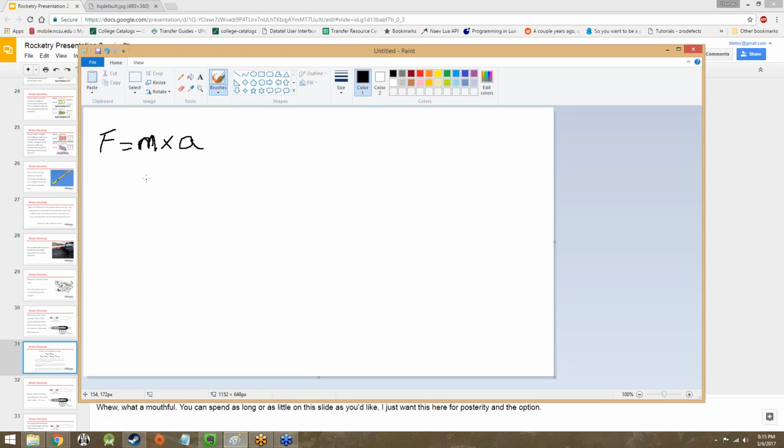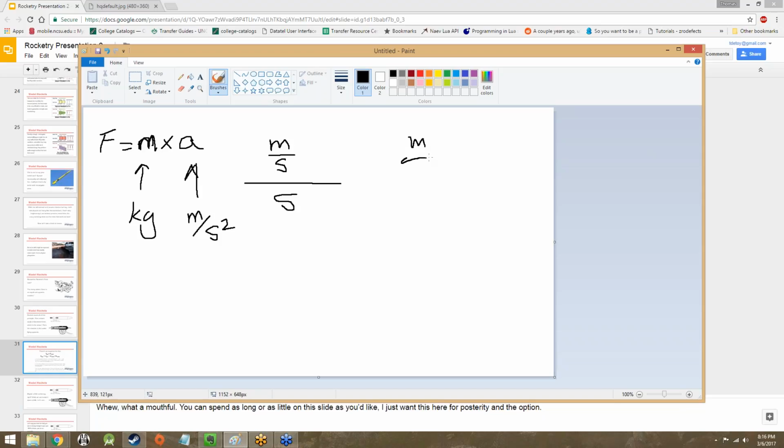Force equals mass times acceleration. Mass in this case is measured in kilograms. Acceleration is measured in meters per second squared, because it's acceleration. Meters per second squared is the same thing as meters per second per second.